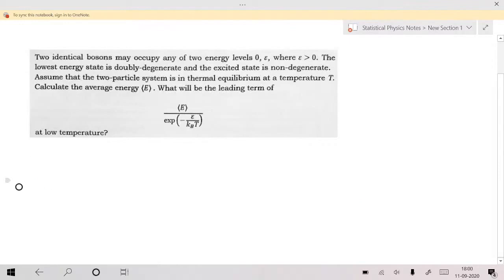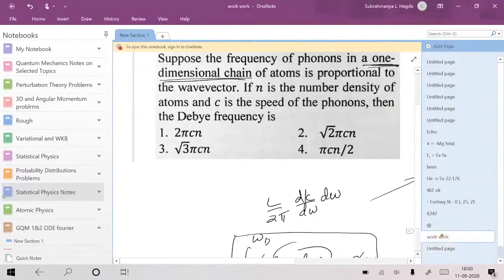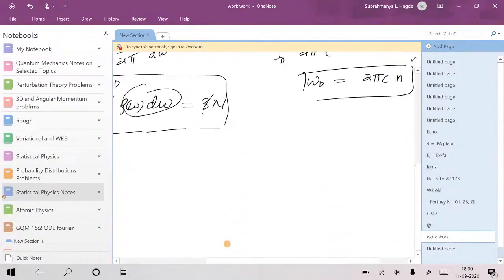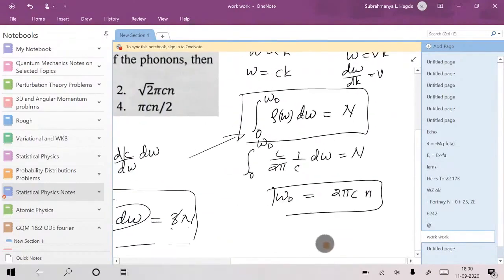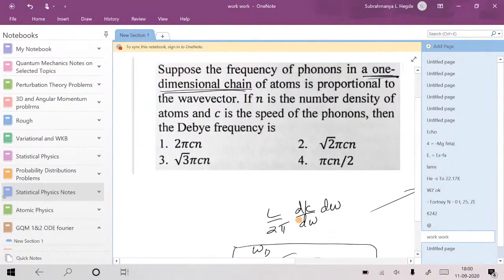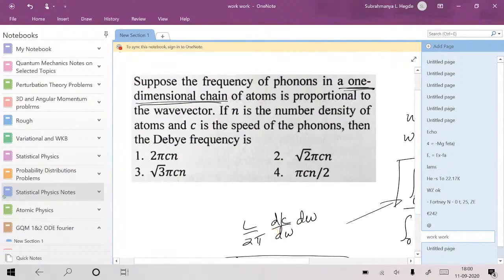Again, he's asking, sir, we have to find f D or omega D. That's a very good question in the last question. When you see the options, he's expecting omega D only. Omega D, loosely speaking, we can call it a frequency.